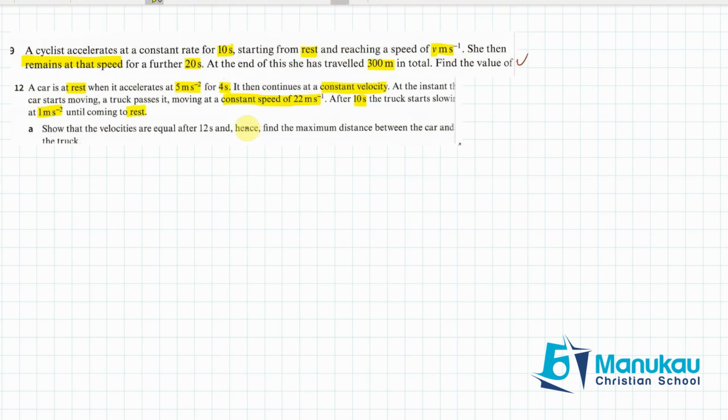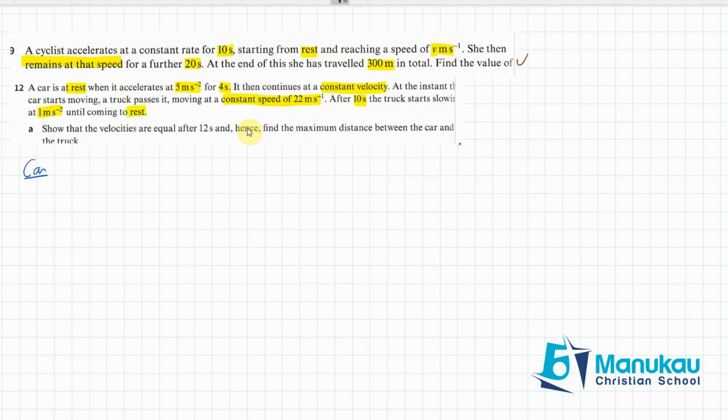Okay. Let's take a look at all of this data here. We are trying to show that the velocities are equal after 12 seconds. So let's look at the car. Okay, what do we know about the car? Well, at 12 seconds, what is the speed going to be?